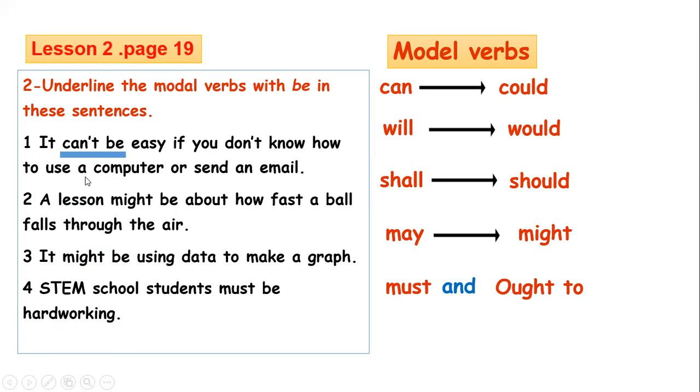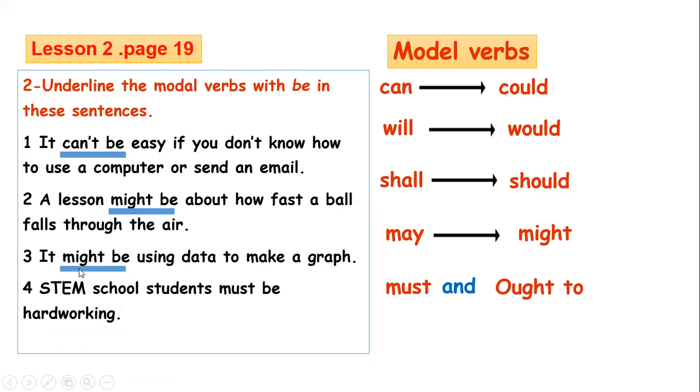Number 2, a lesson might be about how fast a ball falls through the air. Where is the modal verb? Yeah, that's right. The modal verb is might. Number 3, it might be using data to make a graph. Where is the modal verb? The modal verb is might.